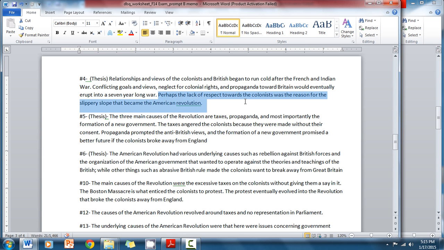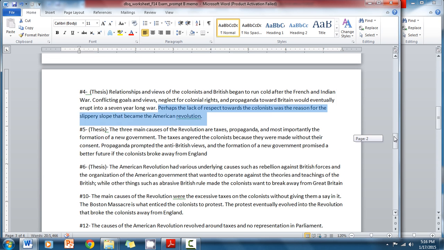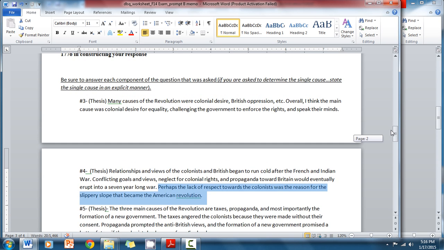Perhaps the lack of respect toward the colonists was the reason for the slippery slope that became the American Revolution. All right, so here I am assuming you are acknowledging this as the single cause, but you didn't explicitly state that. You just said perhaps the lack of respect towards the colonists was the reason.